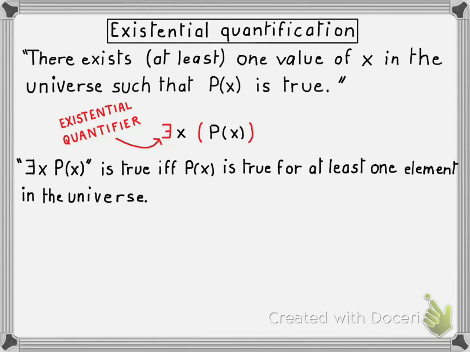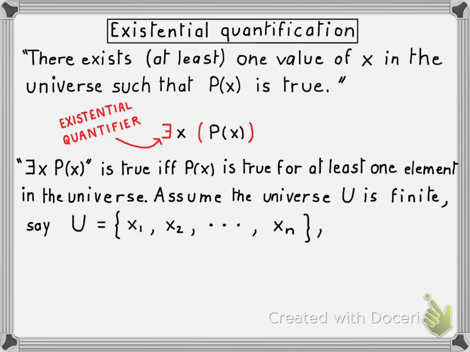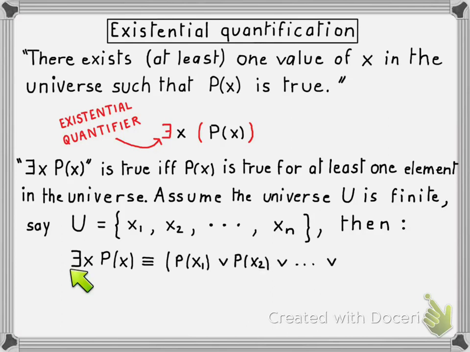Now, as we did before, let's assume for the sake of simplicity that the universe is finite. That is, it's made up of a finite number of elements, namely x1, x2, xn. Now, in this case, the proposition, there exists x, P of x, is equivalent to the following proposition. Notice that for this proposition to be true, there must exist at least one value in the universe for which P of x is true.